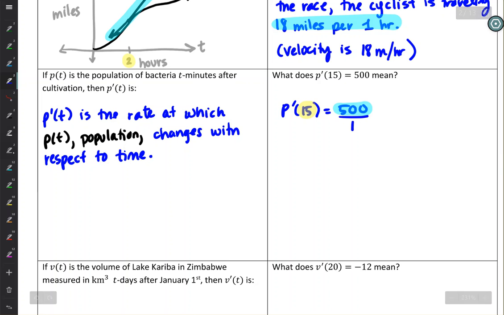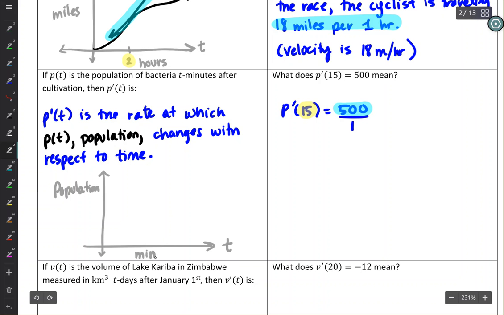Let's draw a picture. Here's my population of bacteria. Here's my time in minutes after cultivation. I'm just going to write minutes.